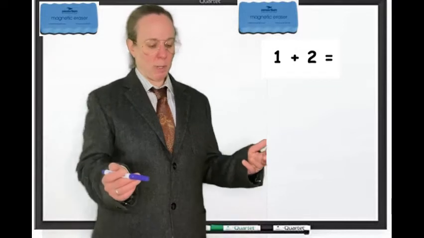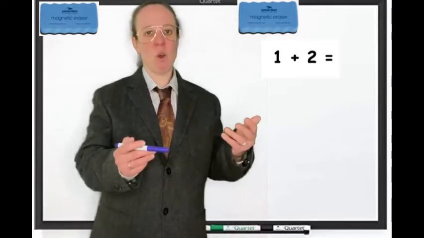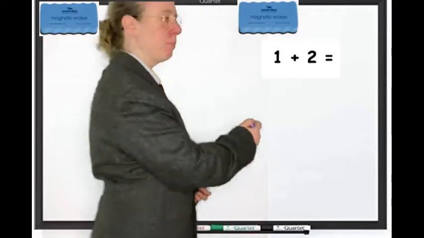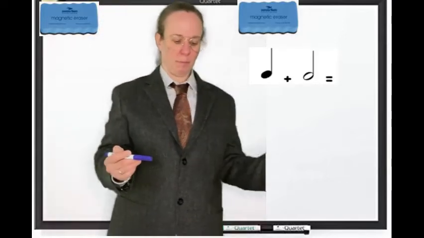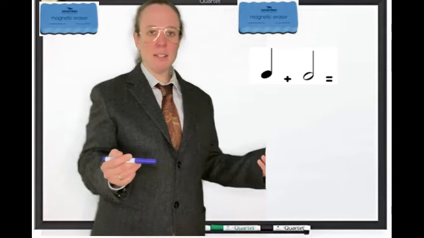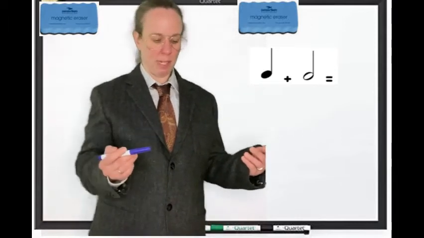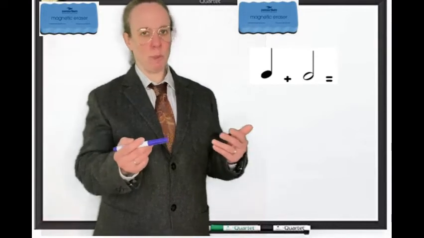But what if we use note values as our math symbols instead of whole numbers? Like this. See? We have a quarter note, which gets 1 beat, plus a half note, which gets 2 beats.